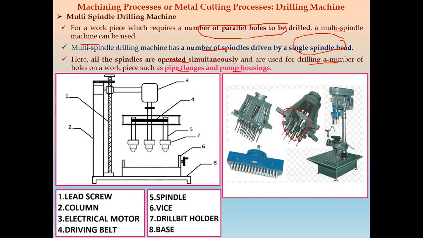We have only one head, but a number of spindles are there, and every spindle can have a drill. All these drills have parallel spacing. So these are different multi-spindle drilling heads that can be mounted on a drilling machine. That is called a multi-spindle drilling machine.